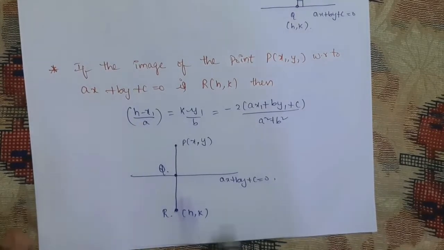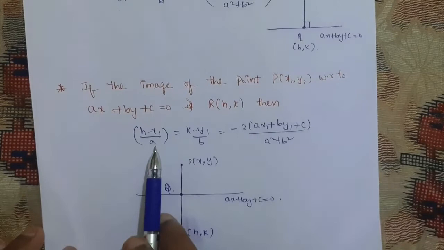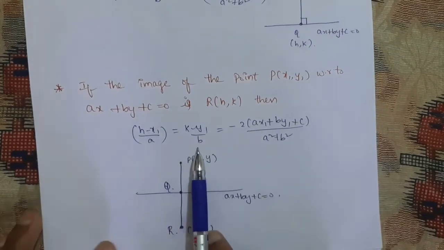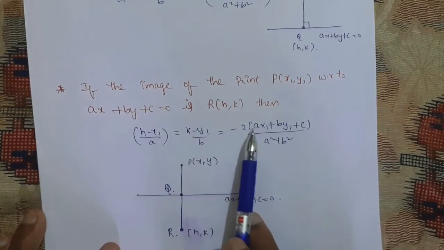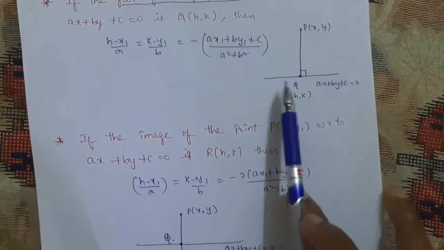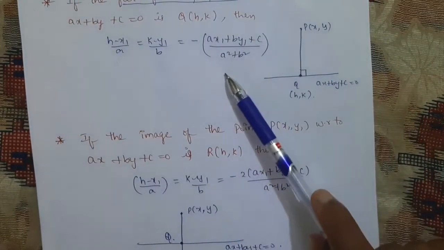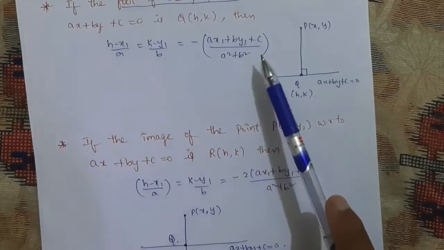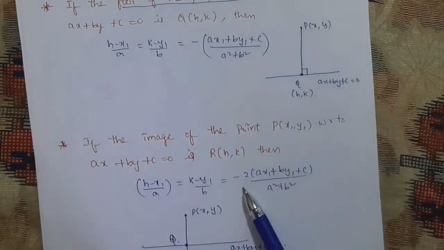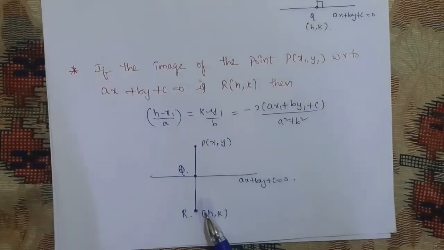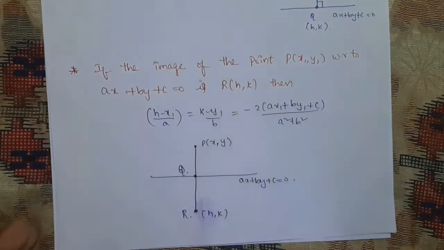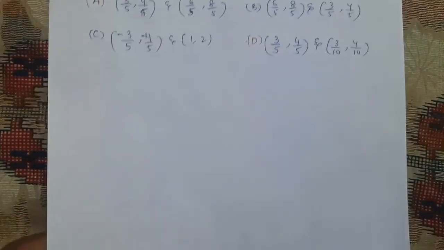To find this image, the formula is (h - x1)/a = (k - y1)/b = -2 times the same expression. If it is a single time, that we consider for the foot of the perpendicular. If you multiply with 2 times, then you will get this image point (h, k). Remember this. Now based on this, we will solve the problems.